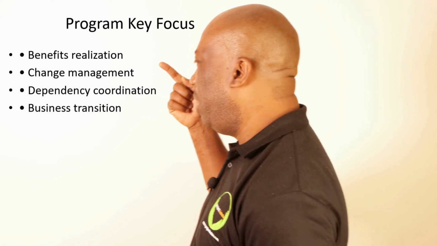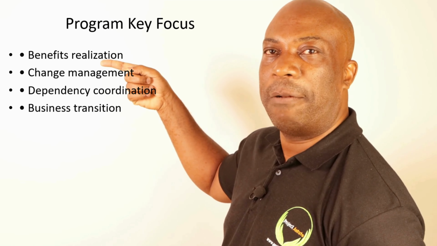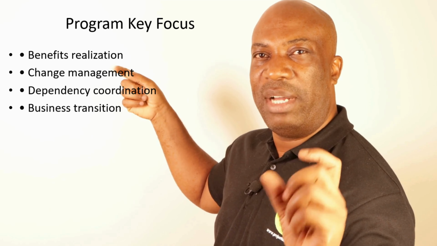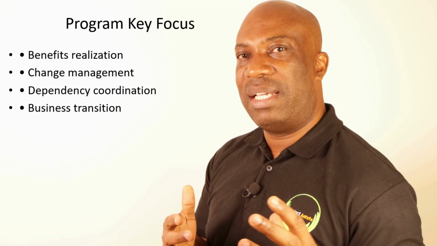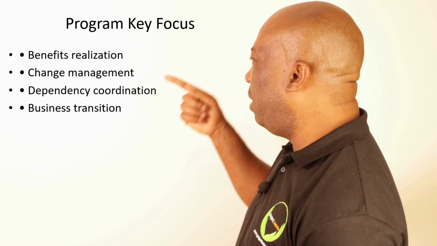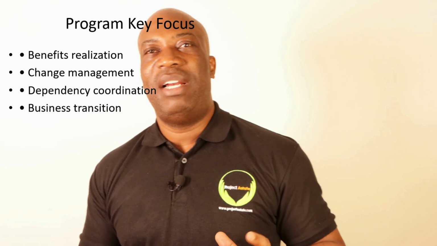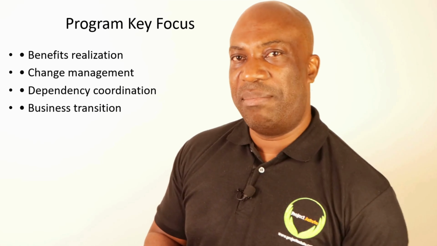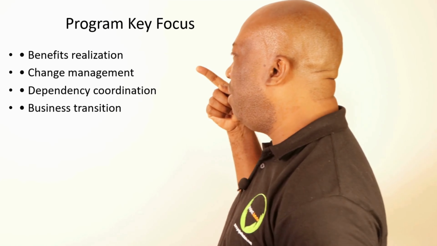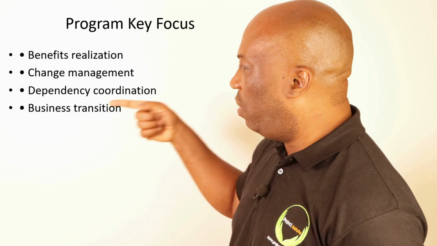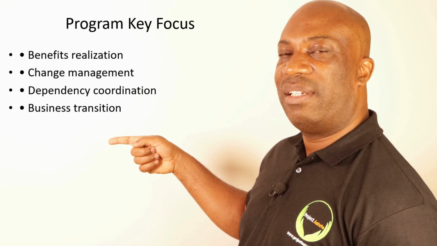So the first one is benefit realization. Program normally focuses on benefit realization. Then the second one is on change management. Every program normally focuses on change management, which means you have so many projects working together to produce the same benefits. And then also program focuses on dependence coordination.